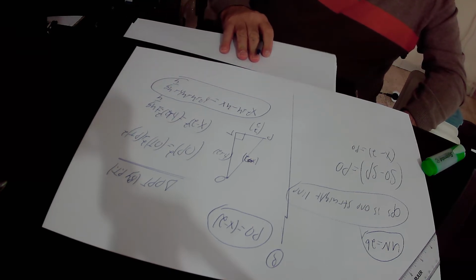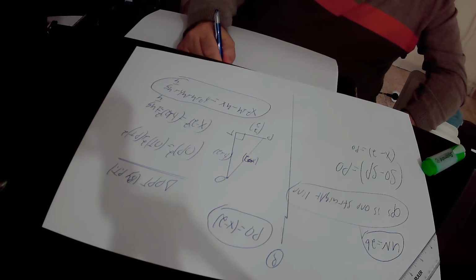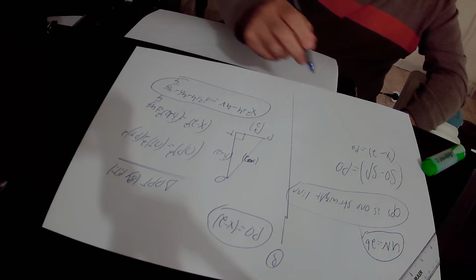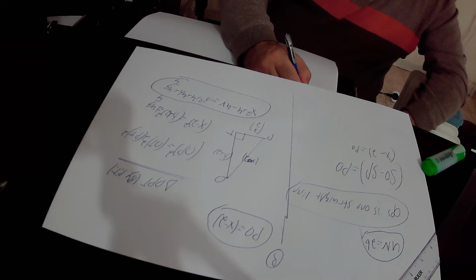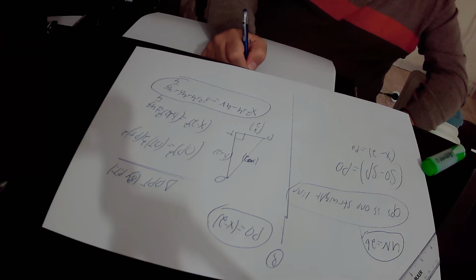So I'll copy this equation again in a new page. Here we found out that x square plus 4 minus 4x equals h square plus 4 plus 4h plus 49 over 4.